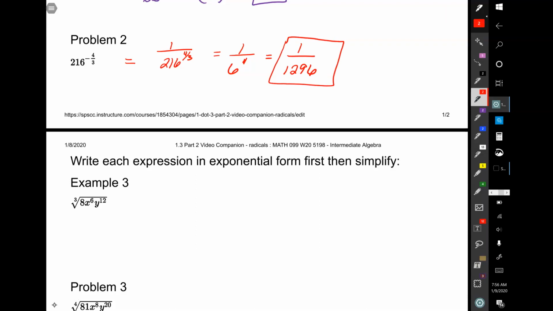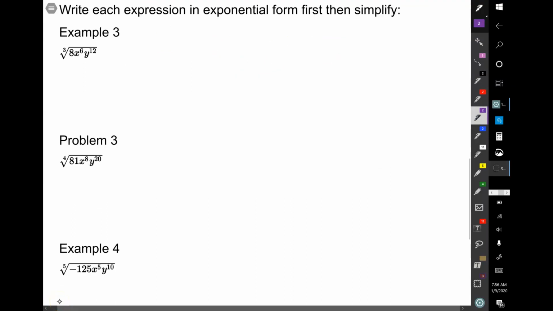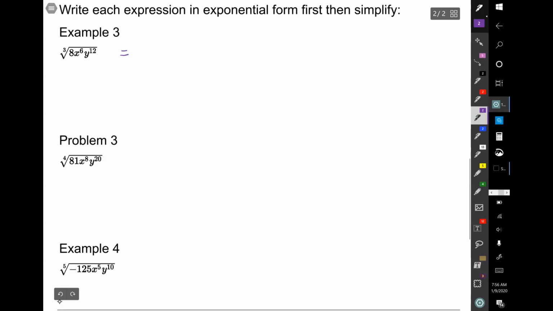Now for example 3, the directions for this say write each expression in exponential form first and then simplify. So we're going to go ahead and take this cube root of 8x to the 6th, y to the 12th, and we're just going to write the radicand in parentheses, 8x to the 6th, y to the 12th, raised up to the 1/3 power.